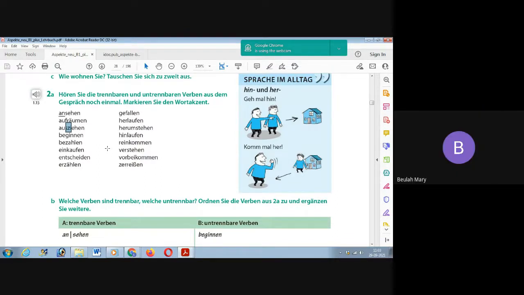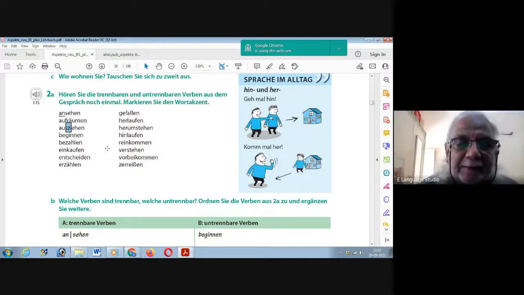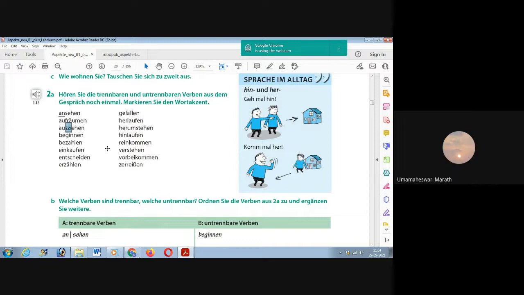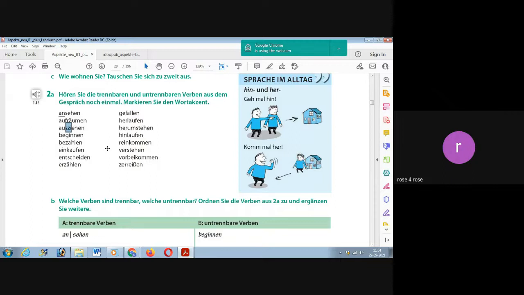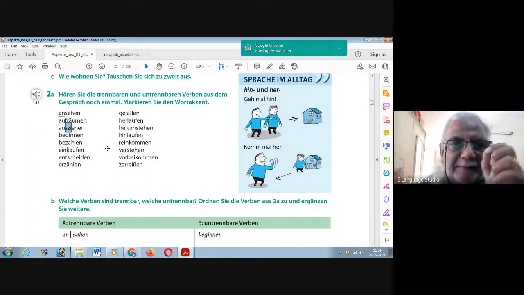A T and S. It's like the word Utsav. We have that word from Sanskrit. So the same T and S together will give you the pronunciation for Z. So this will be ausziehen.